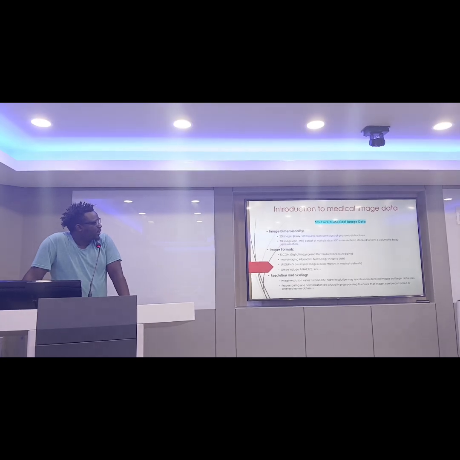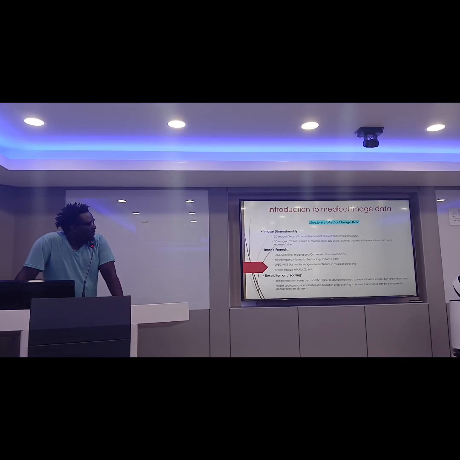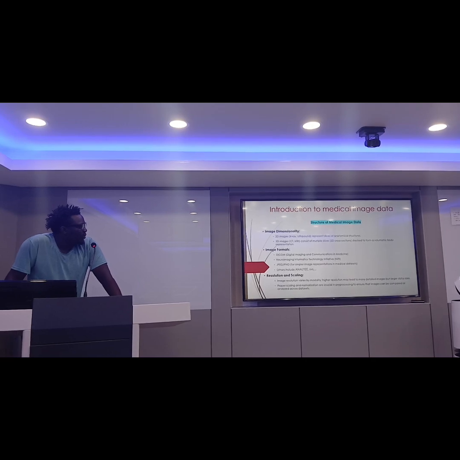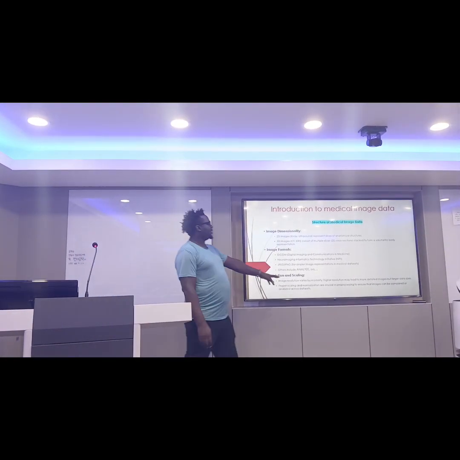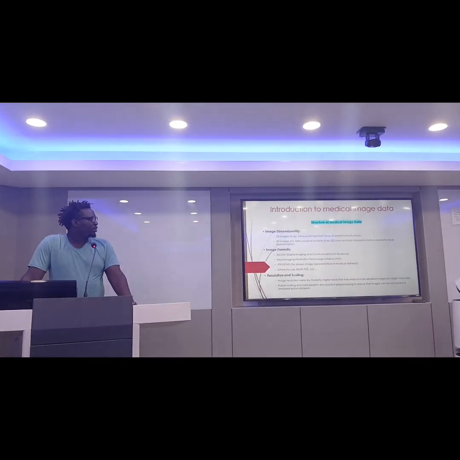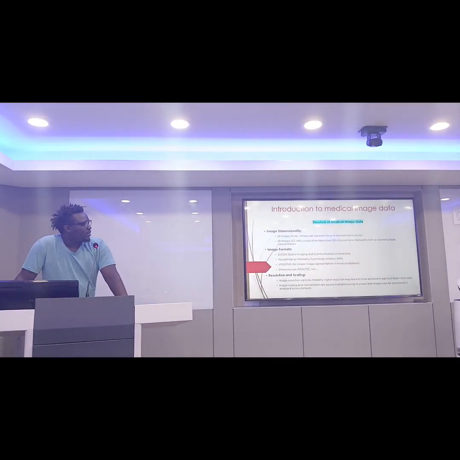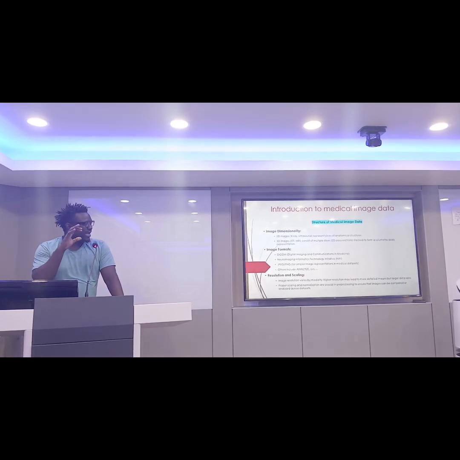So we have, for example, the DICOM format, and then you have JPEG and PNG, and also SVS. I think the SVS format and some other formats are becoming more important, because with the current trend, we want to really go deeply in diagnosis.